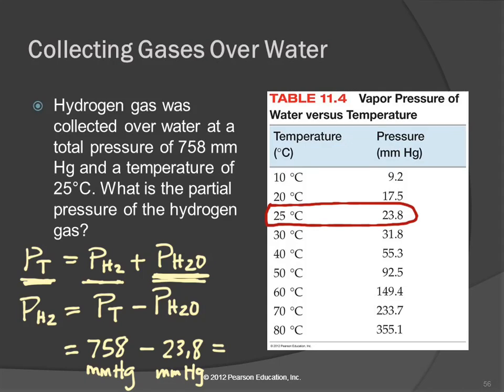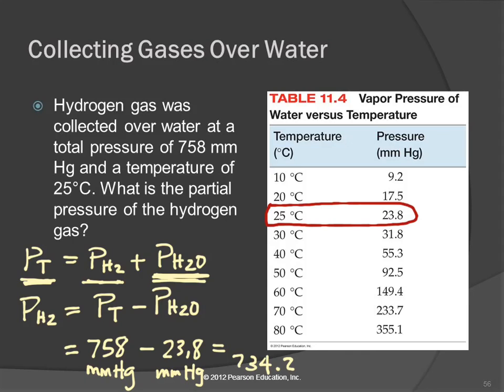And the calculator will tell us 758 minus 23.8 is 734.2. But what should we round that to? So a little review of significant figures here. Where's the uncertainty in 758?